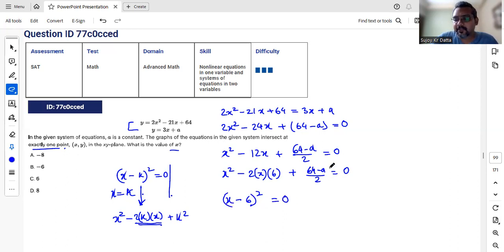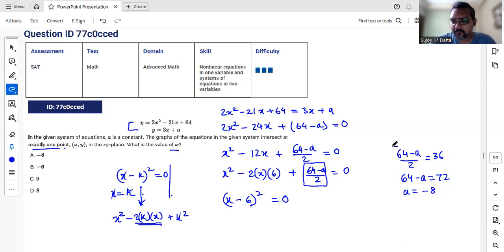So the value of a will adjust itself in such a way that you get 36, because the constant term here will be 36. If you want me to solve for what a is, then I would just solve: x squared minus 12x I've got, I need a 36. So 64 minus a over 2 is 36 and I'll solve, right? 64 minus a is 72. So a would be 64 minus 72, so minus 8.